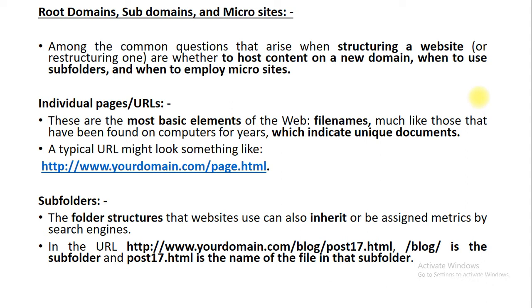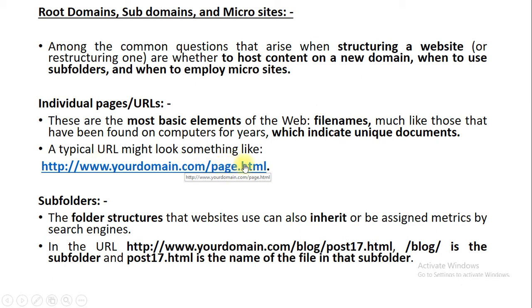So over here we have taken one example, http://www.yourdomain.com. Inside that we have created one page called page.html. That means this page.html is a part of yourdomain.com. So over here we are able to see that this is called the file name and this is called the URL of your website.